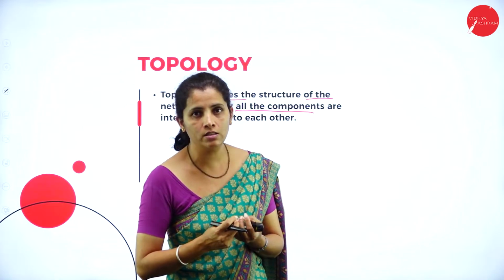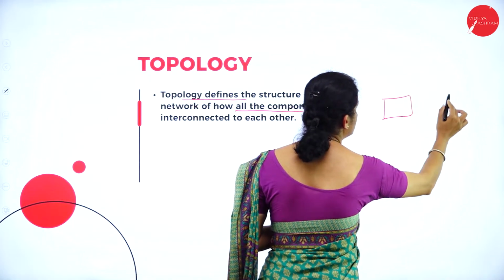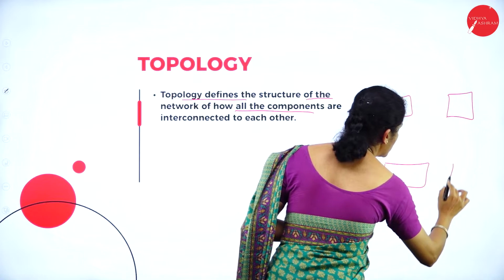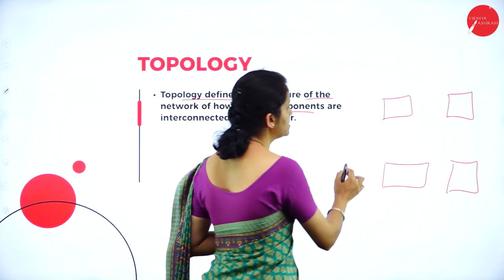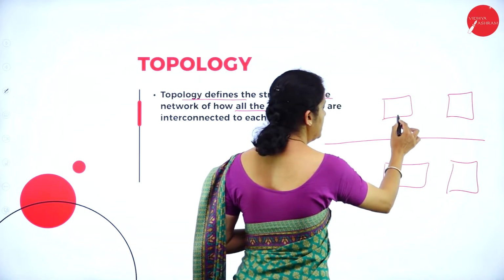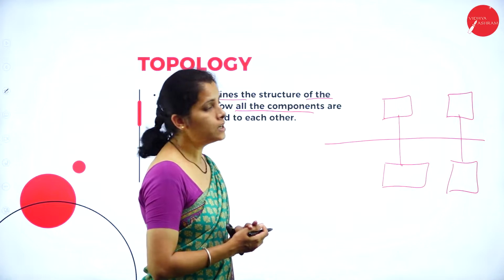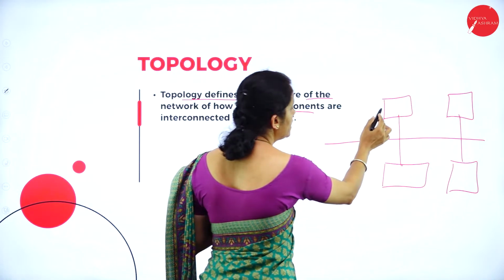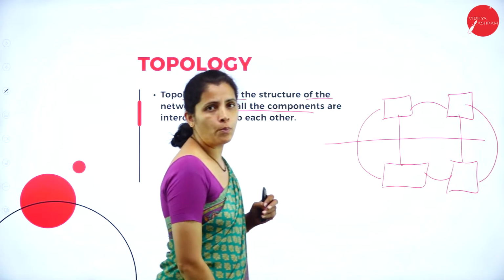It is the geographical representation of a computer system, in the sense how all the devices or nodes are interconnected. For example, think that I have four systems. If I connect all the systems through one single line, then it is called bus topology. Now, if I connect the same four systems in ring fashion, then it is called ring topology.